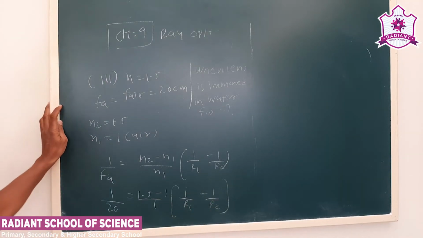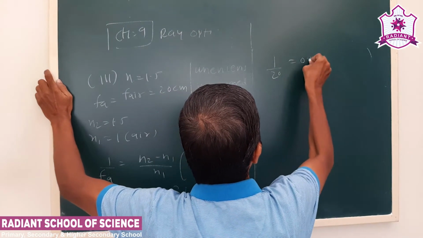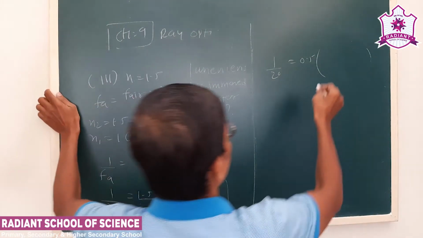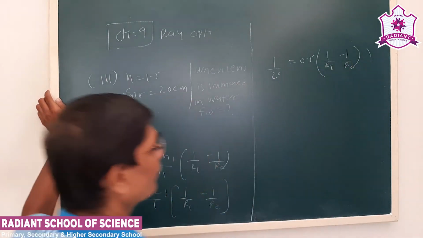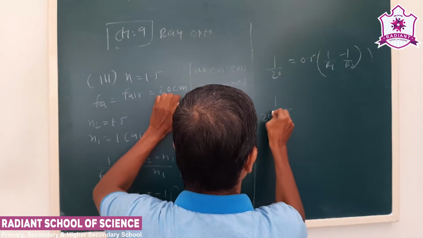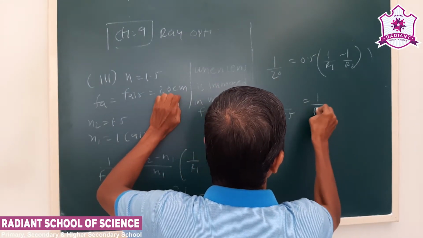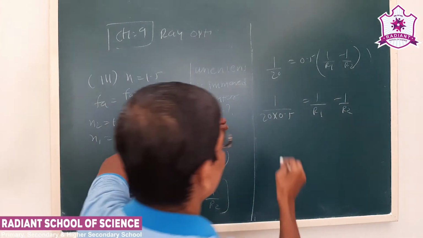Now if you simplify, okay, now this 0.5 I take on the left hand side. Okay, now see, this will become 1 by 10.